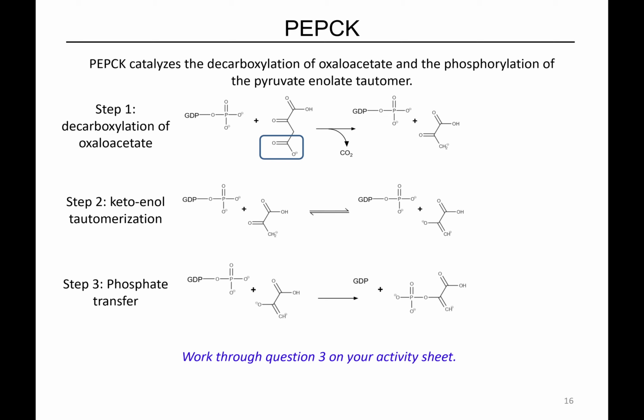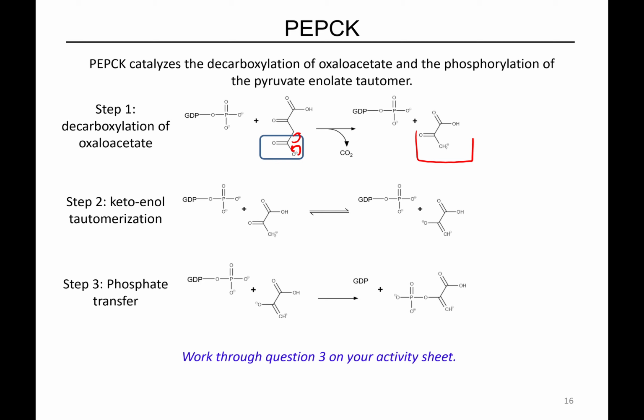So here we have the electrons on the negative atom of our CO2 group becoming a pi bond between the oxygen and the carbon, and then that triggers the electrons between C3 and C4 to move up. And here we end up with this intermediate where we have the keto form of things.